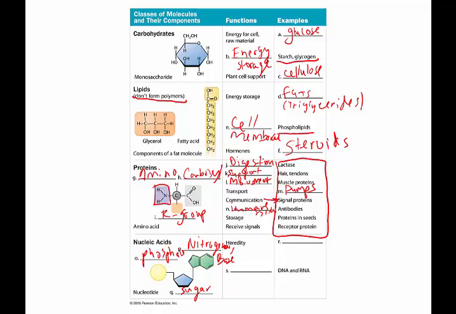Those are the 3 parts of a nucleotide: the phosphate group, the sugar, and the nitrogenous base. For our functions, we have heredity. As I said before, DNA is all about storing information, or storing heredity information.